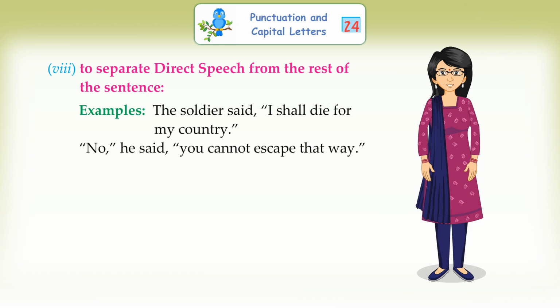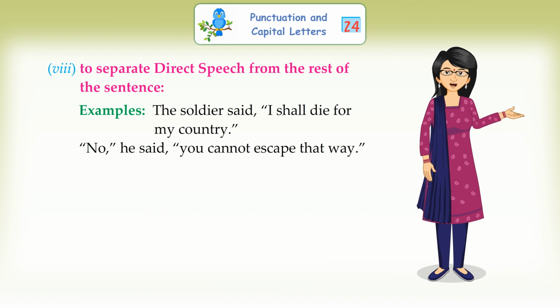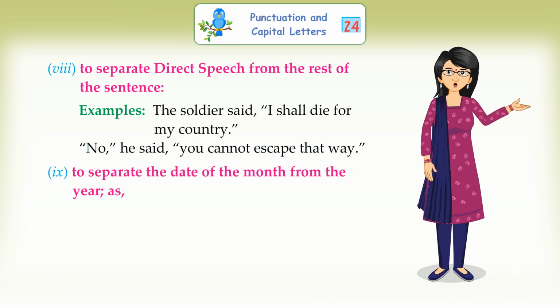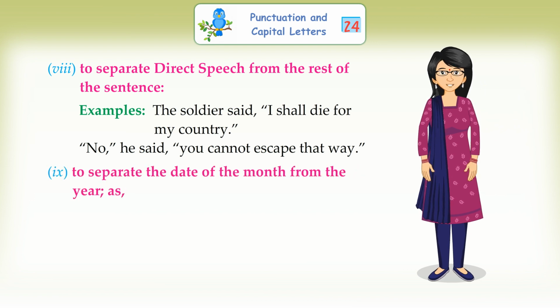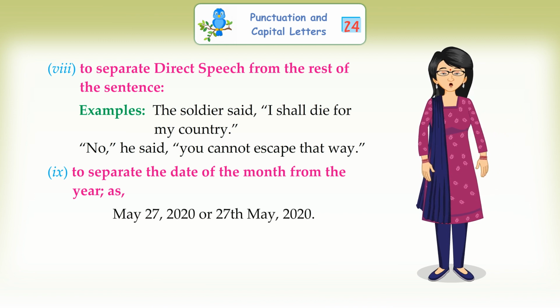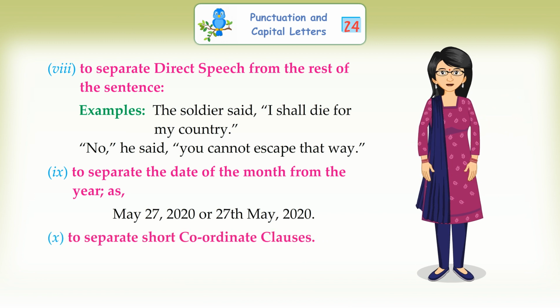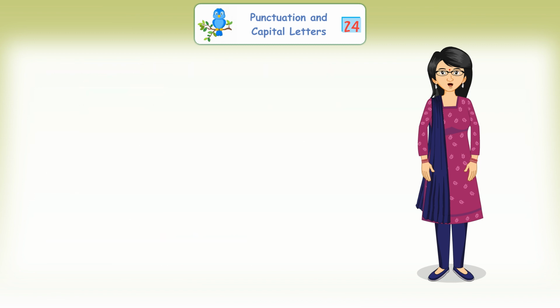Example: The soldier said, "I shall die for my country." "No," he said, "you cannot escape that way." To separate the date of the month from the year, as: May 27, 2020, or 27th May 2020. To separate short coordinate clauses: I came, I saw, I conquered.